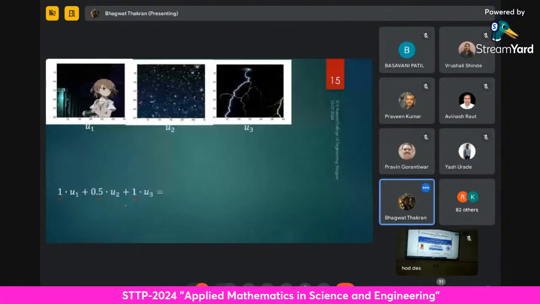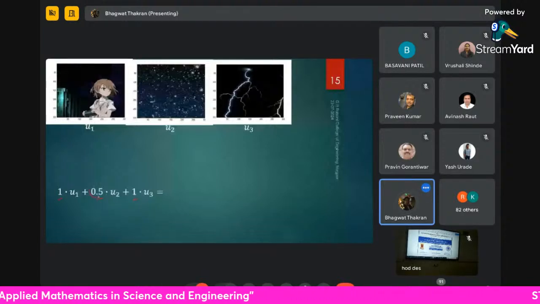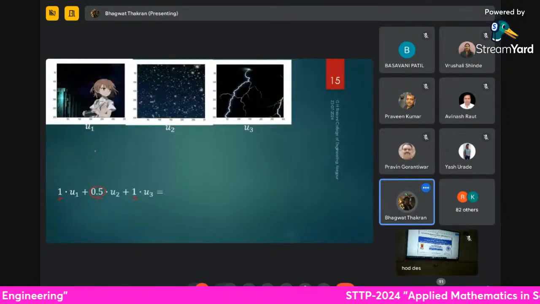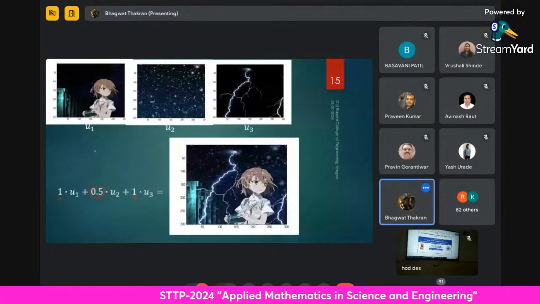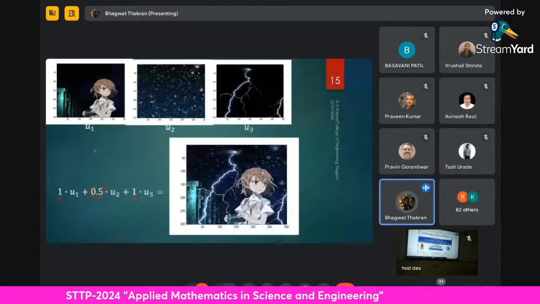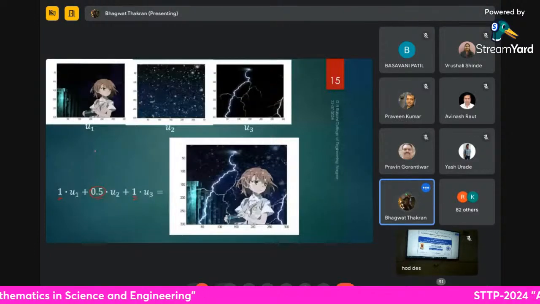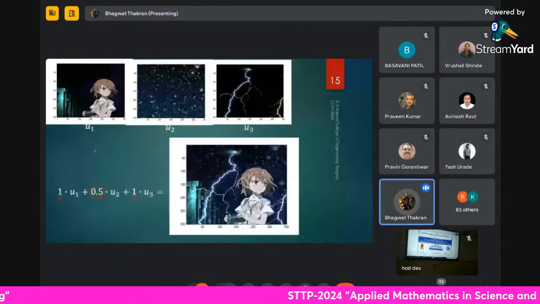Just now we discussed the intensity of the picture. The result is fascinating: the combination of all the vectors in one picture. This is what we call a linear combination.